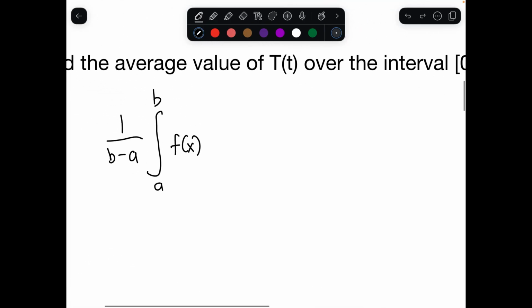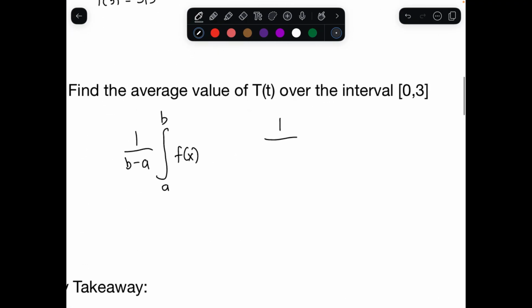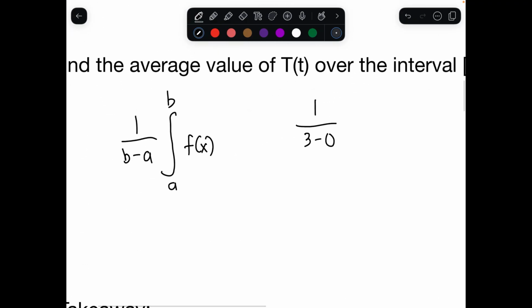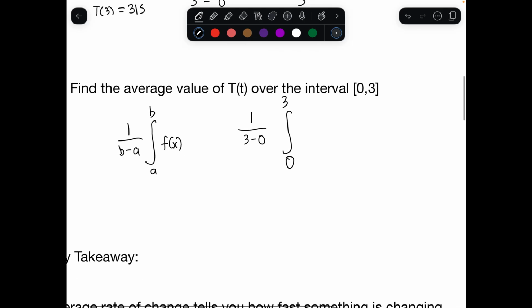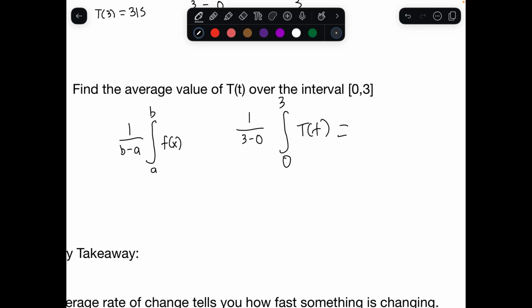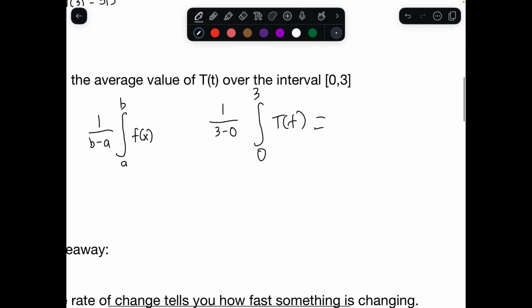So it'd be 1 over b minus a, which is 3 minus 0, then you would have the integral from 0 to 3, and then you get T of t. Let me solve this real quick.